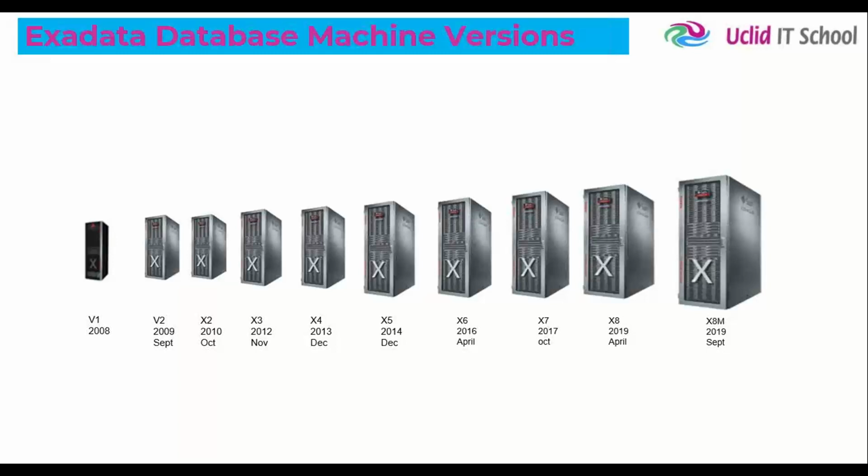Now, next, let us talk about Exadata database machine versions. Like any software, any hardware has versions. Exadata also has versions. Exadata includes hardware and software. Hardware version is what you are seeing on this slide. Software versions depend on the software.